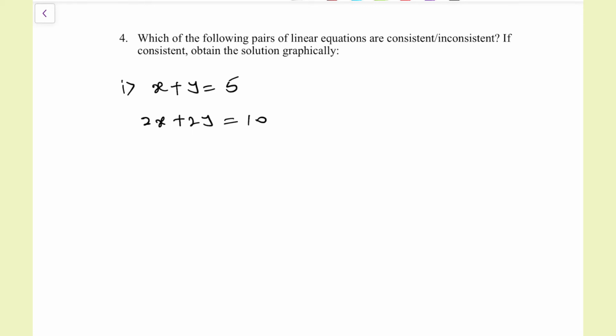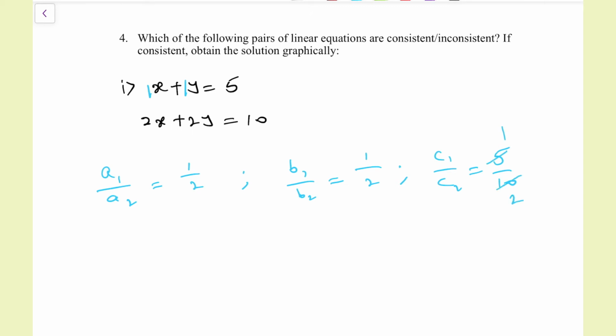Before x nothing is there, so 1. Before y nothing is there, 1. So let us compare the ratios now. A1 by A2 equals 1 by 2. B1 by B2 equals 1 by 2. C1 by C2 equals 5 by 10, which is 1 by 2.